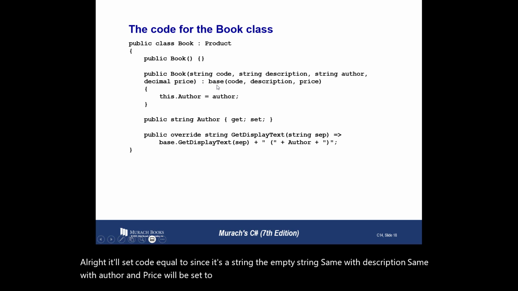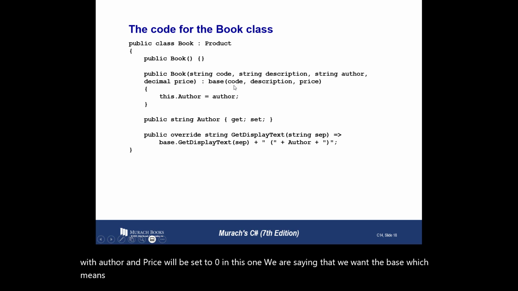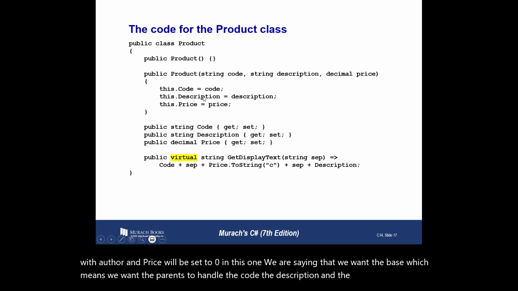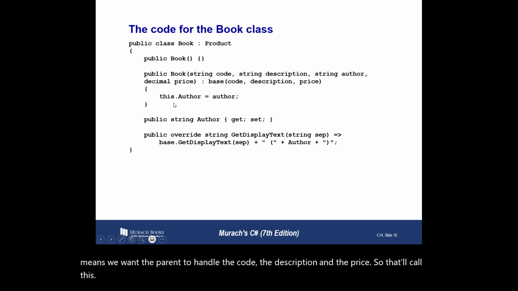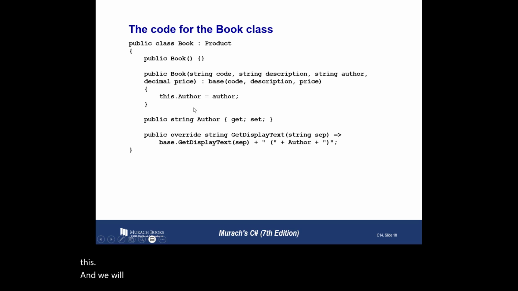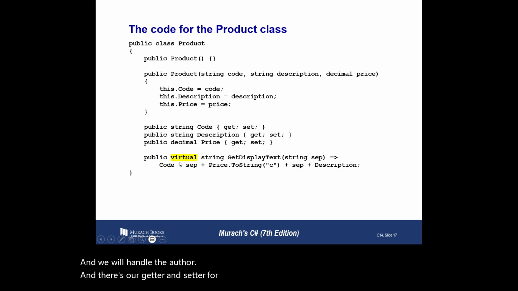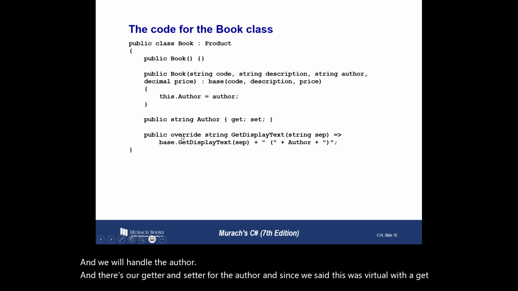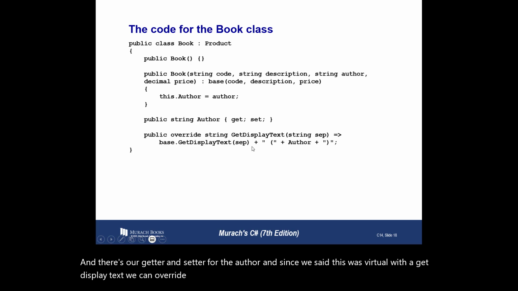In this one, we are saying that we want the base, which means we want the parent to handle the code, the description, and the price. So that'll call this. And we will handle the author. And there's our getter and setter for the author. And since we said this was virtual with a get display text, we can override it in here.